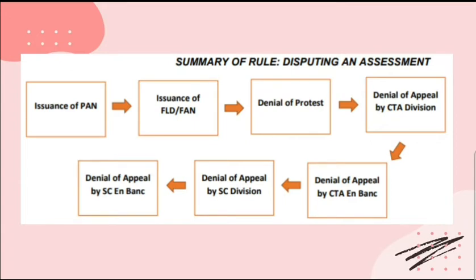Upon receiving it, the taxpayer may exhaust all the remedies if the protest or the appeal is denied, on the next division or en banc, until such time that the assessment shall become final, executory, and demandable, after exhausting all of the available remedies or when the taxpayer fails to comply with the requirements.